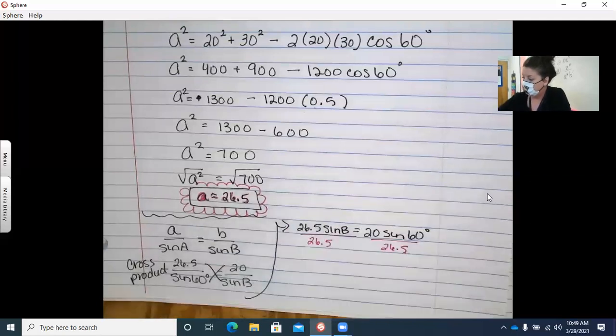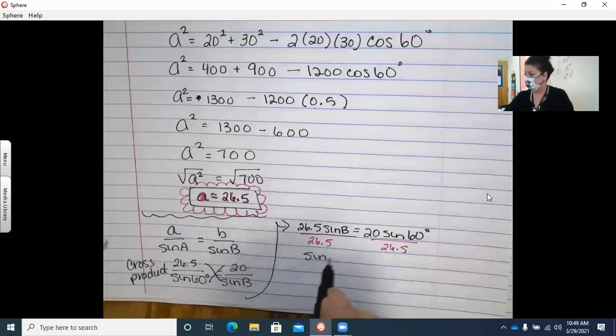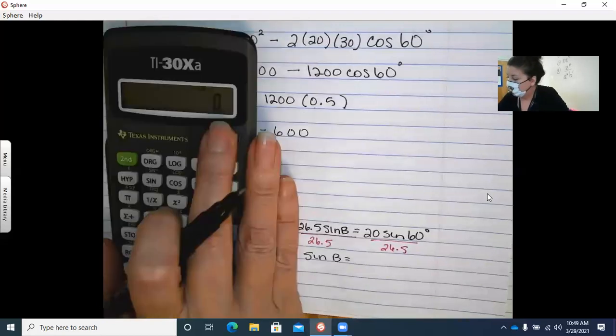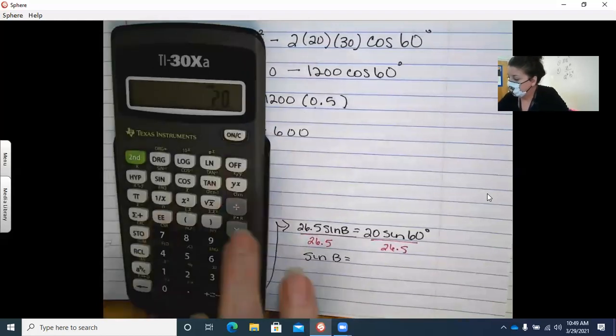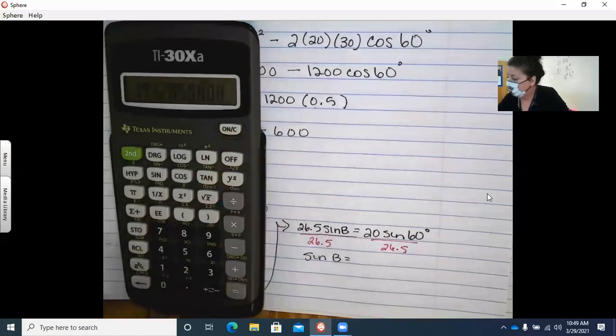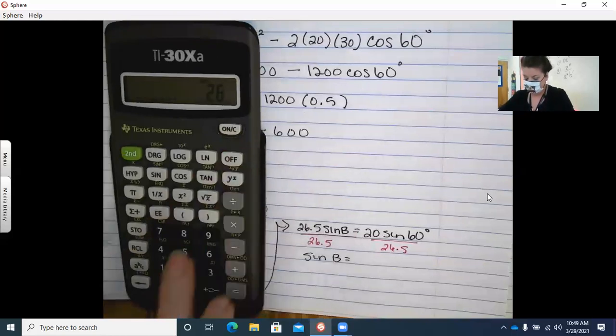So we have sine of B equals 20 times sine of 60, divided by 26.5, and that is 0.65.